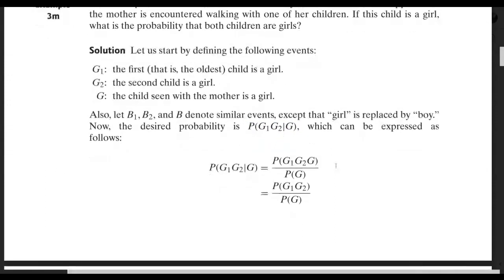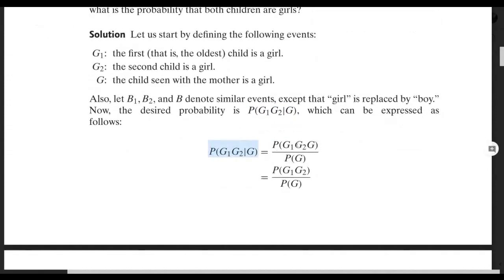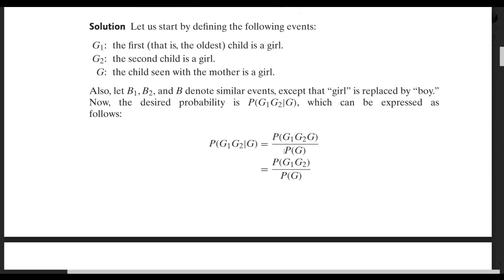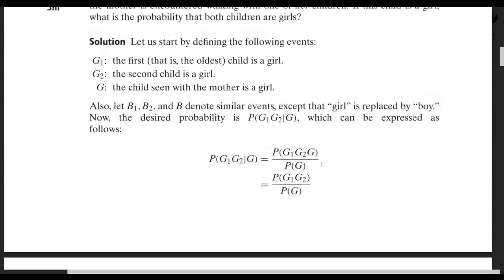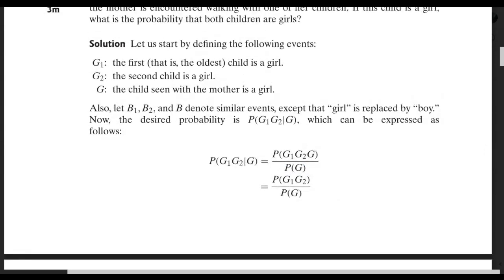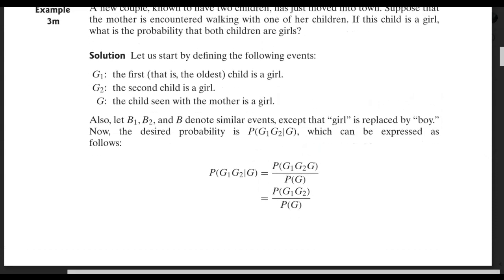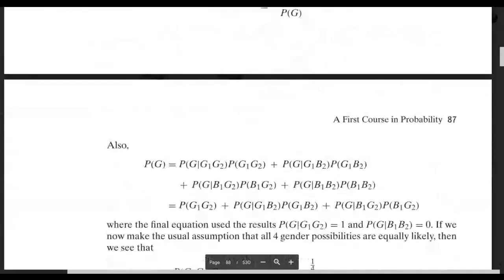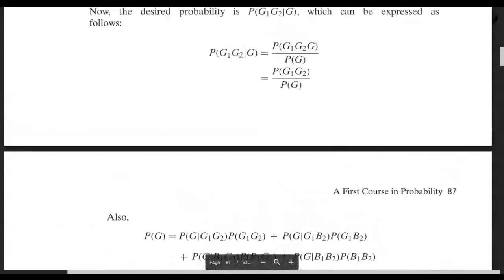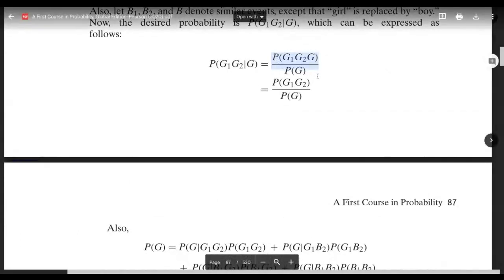That can be expressed as the intersection of those events: G1, the first child is a girl, G2, the second child is a girl, and G, the child walking with her mother is a girl, intersection, divided by the probability that the child walking with her mother is a girl.